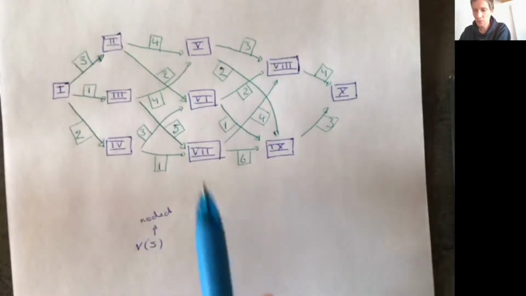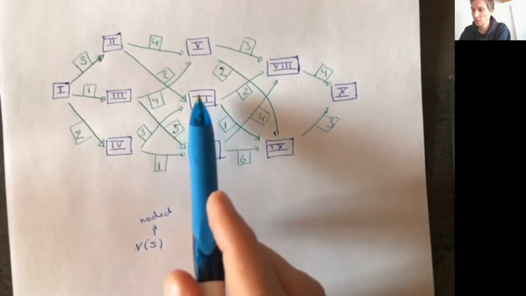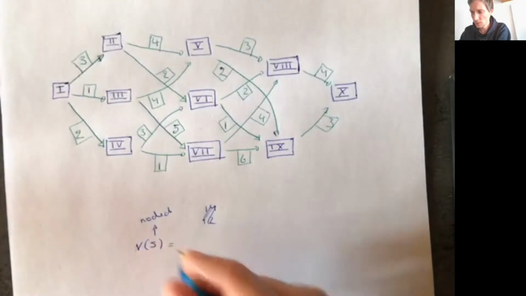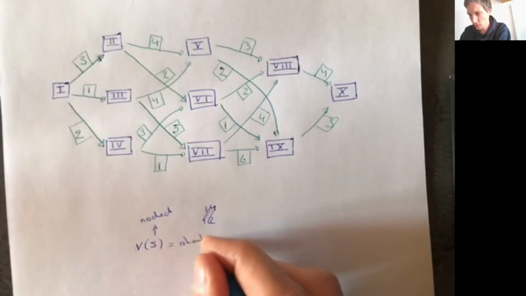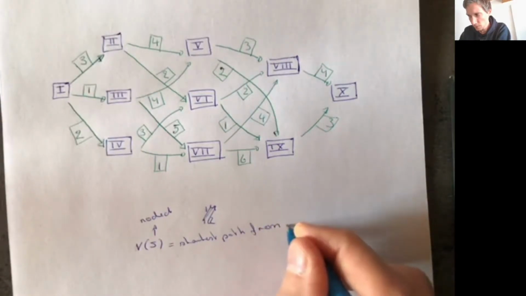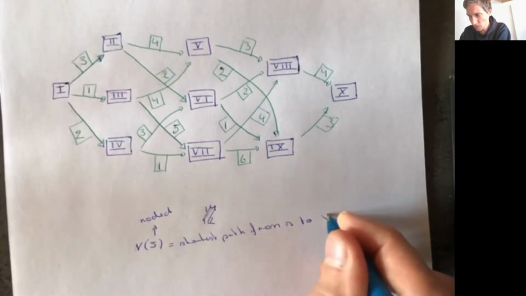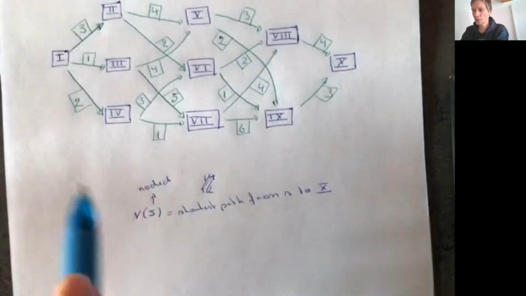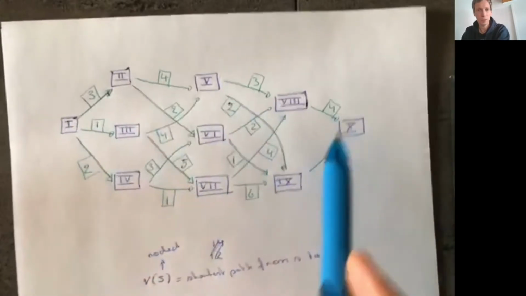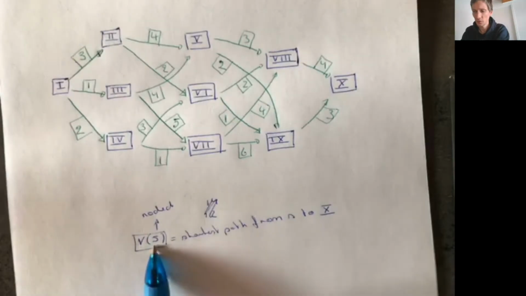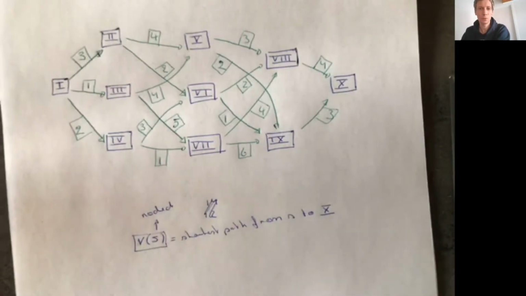And V of S is going to be the shortest path from S to the final node 10. So I'm only interested in the path from 1 to 10, but we will see that the fact that we define it as a function of a state for an arbitrary node is going to actually solve the problem here.